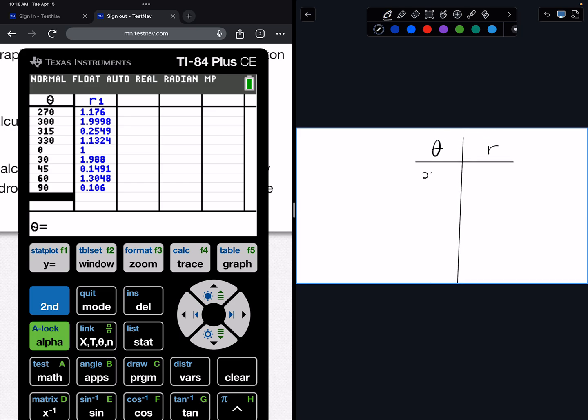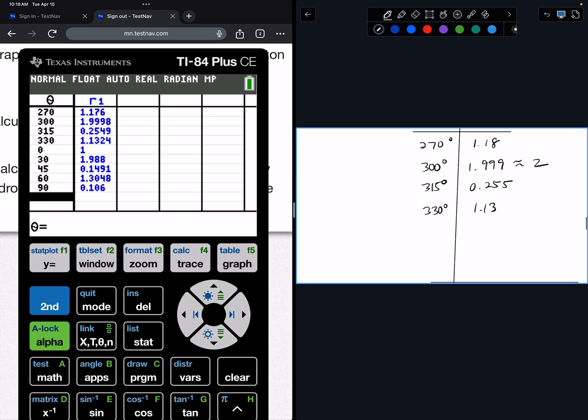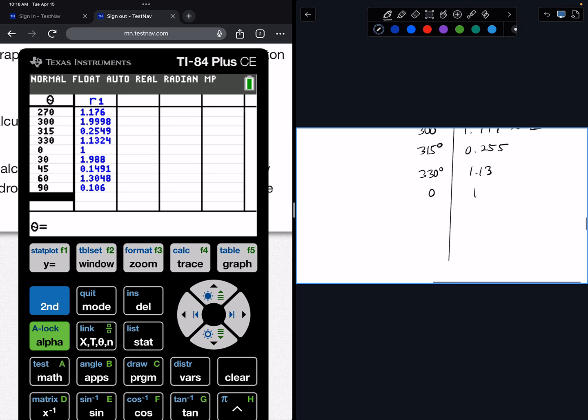So 270 is about 1.18. 300 degrees, 1.999. Do you guys agree that's about 2? 315 is 0.255. 330 gave us 1.13. 0 gave us 1. That's nice.